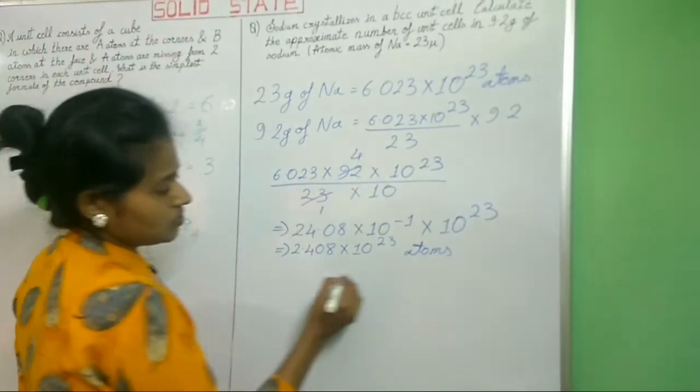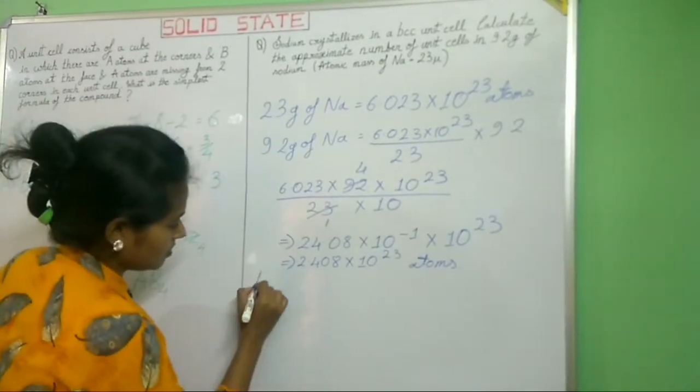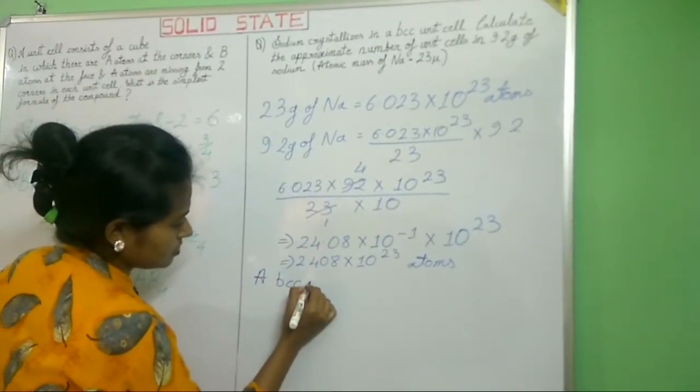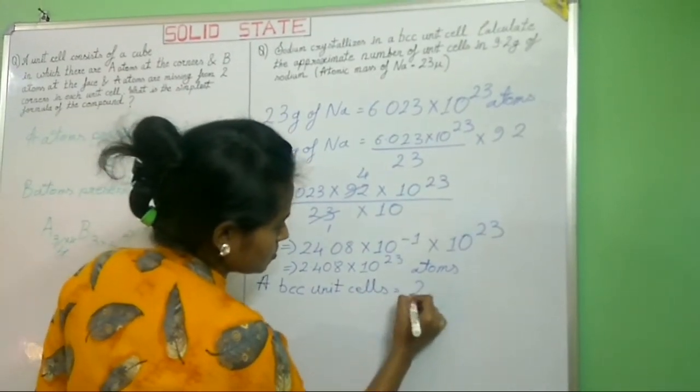Now, as we know that in each BCC unit cell, there are 2 atoms. A BCC unit cell contains 2 atoms.